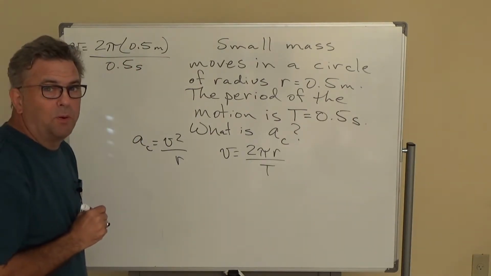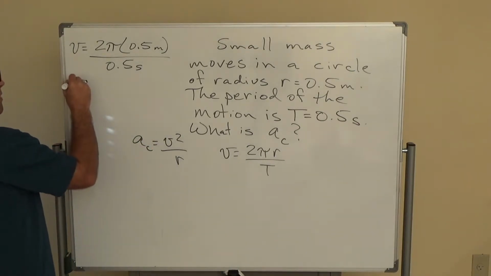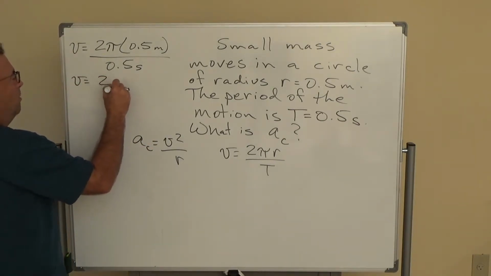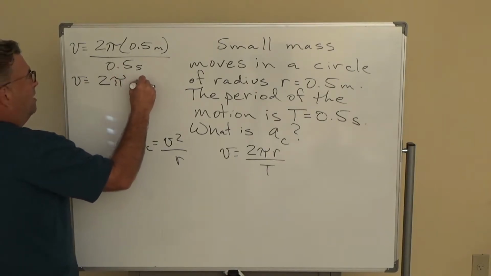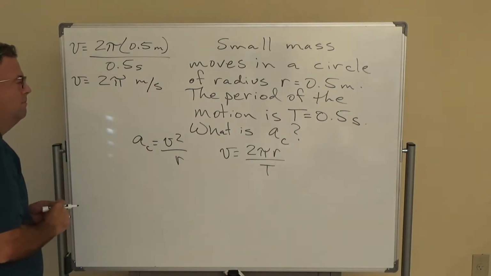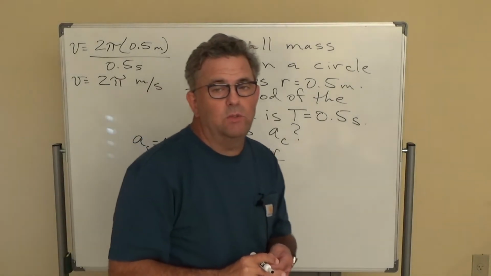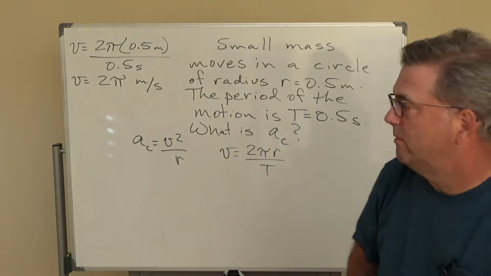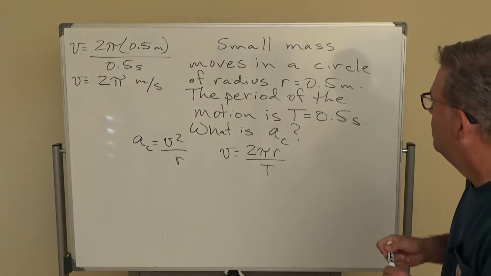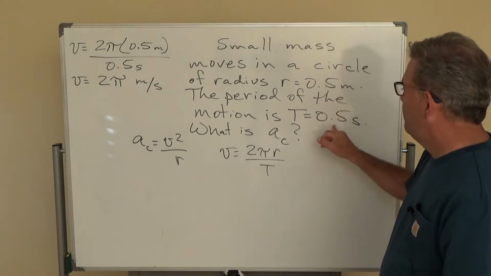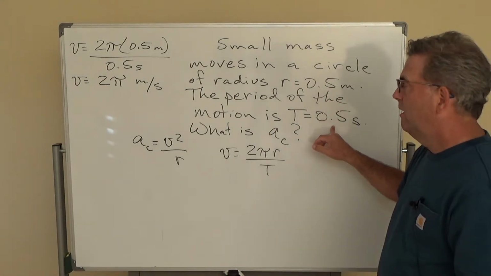Okay, I made this pretty simple. So v is equal to 2 pi meters per second. That makes perfect sense. You've got a radius of a half a meter, a period of a half a second. They cancel out.